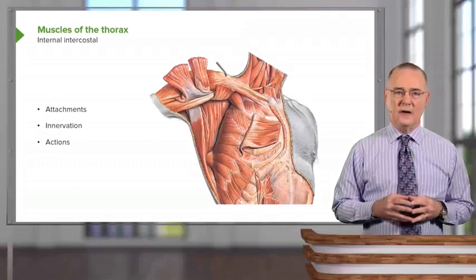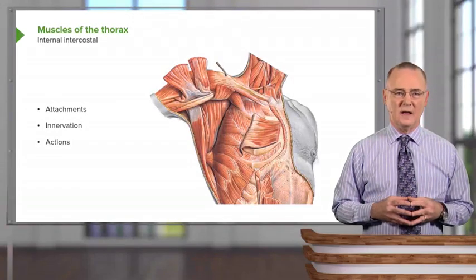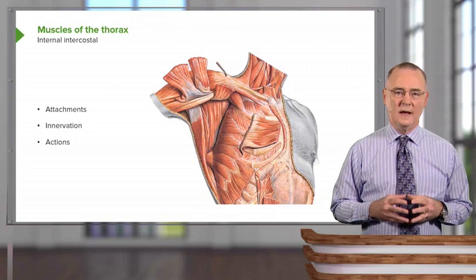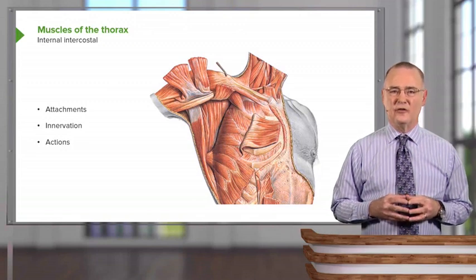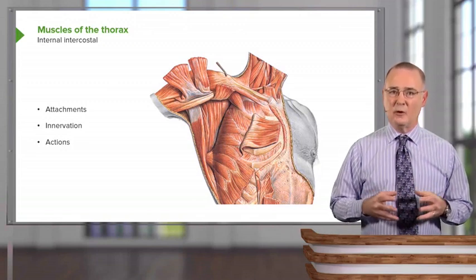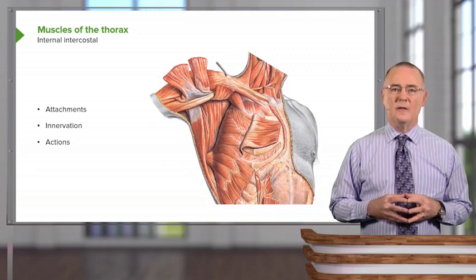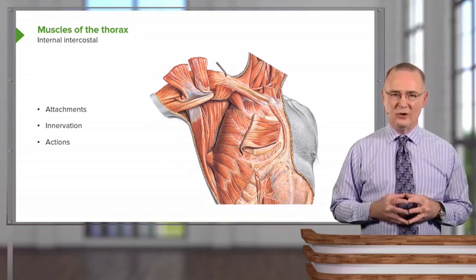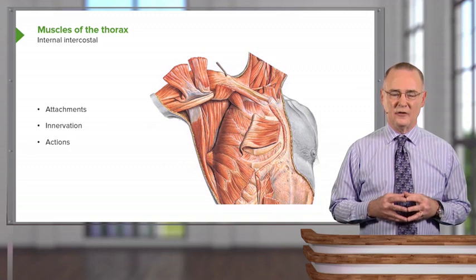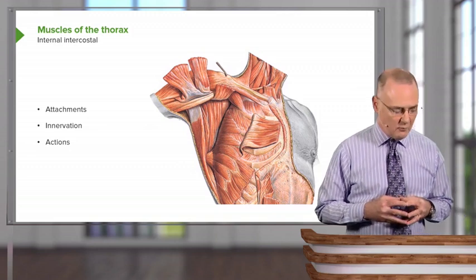The internal intercostals are also innervated by intercostal nerves, and their actions are to assist with expiration, and they will also contribute to the stabilization of the intercostal spaces during respiratory movements.